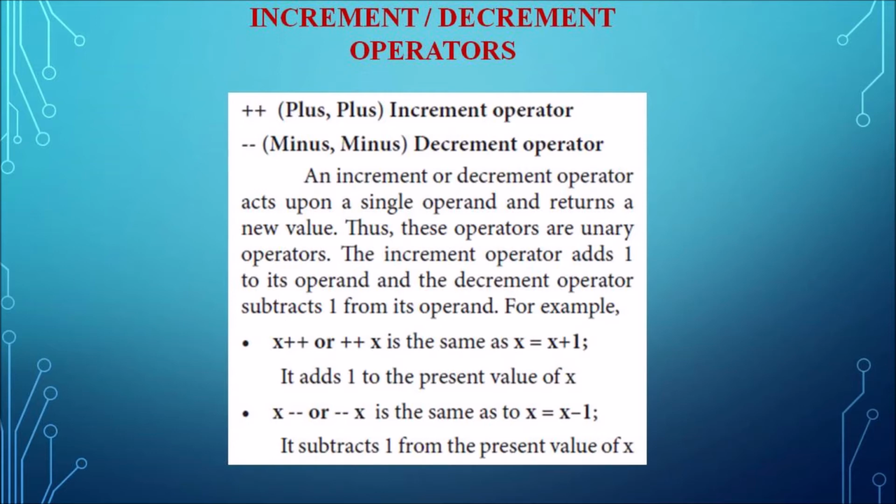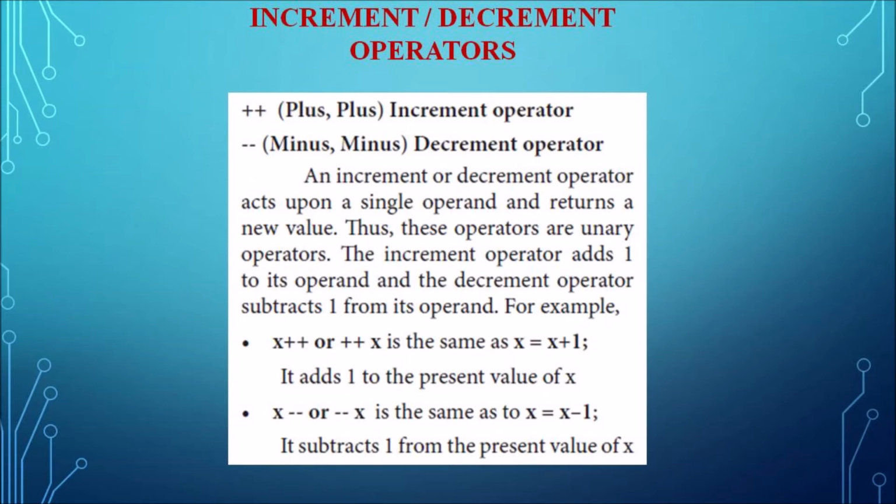Both the increment and decrement operators use a single operand. For example, x plus plus. Here only one variable is used, that is x, so it comes under the unary operator.